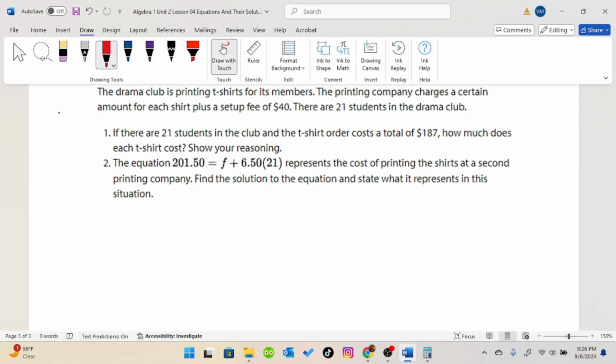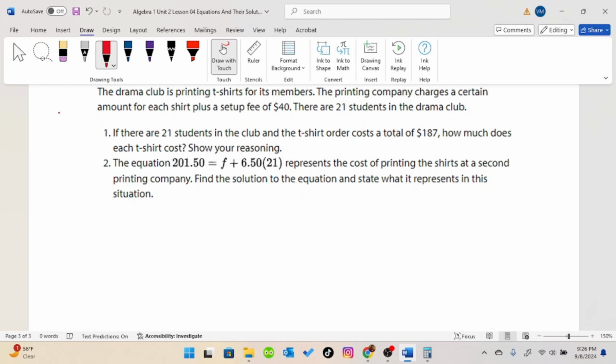Our last practice problem says the drama club is printing t-shirts for its members. The printing company charges a certain amount for each shirt plus a setup fee of $40. There are 21 students in the drama club.